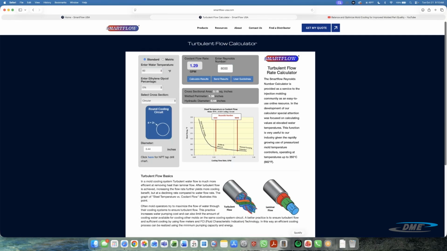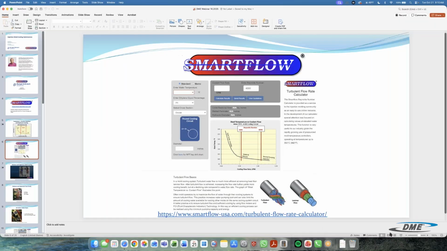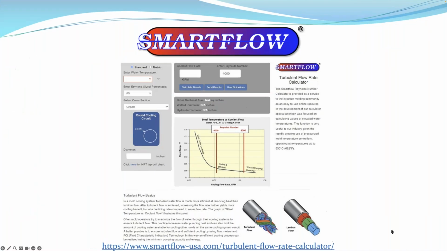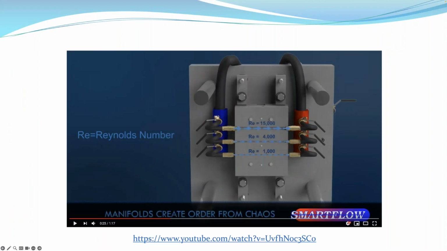I'll go back to the presentation here. We're going to show a video about balancing. As most of you know, water is going to take the path of least resistance. So another inhibitor to optimal cooling is an unbalanced tool.